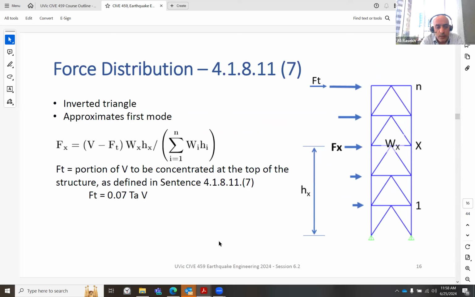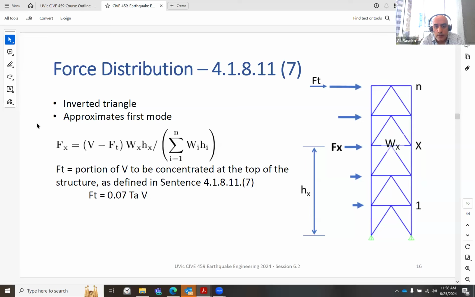Again, remember that we already calculated the base shear, which is this V. We almost found all the parameters in there. Maybe the higher mode effects we didn't discuss yet, but that's because it's really related to taller buildings and it will come up now.